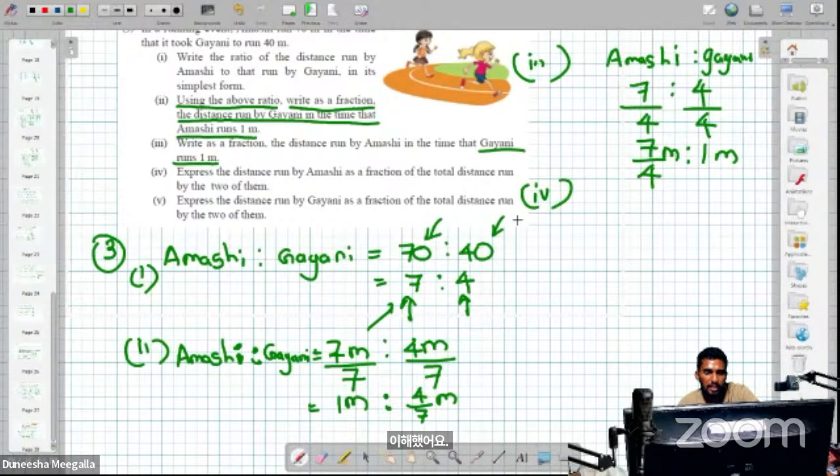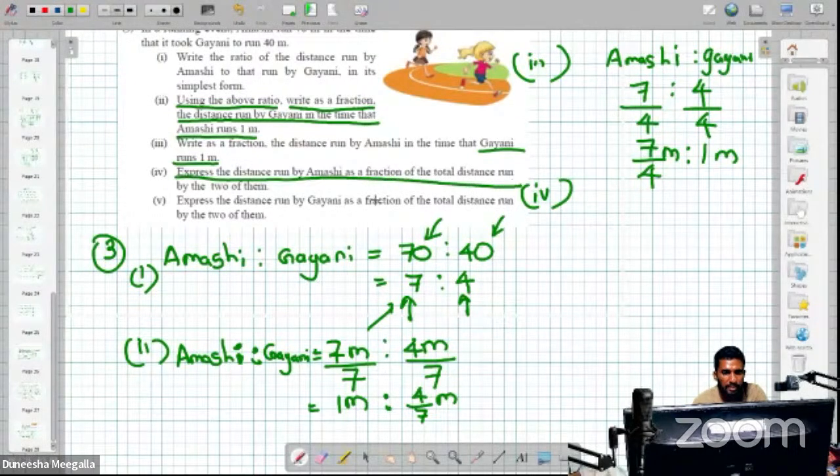Express the distance run by Amashi as a fraction of the total distance run by the two of them. This is one from grade 8. Express the distance run by Amashi as a fraction of the total distance. What is the total factor? 11. Amashi's relevant ratio is 7.